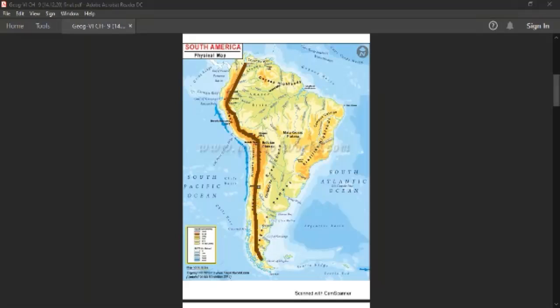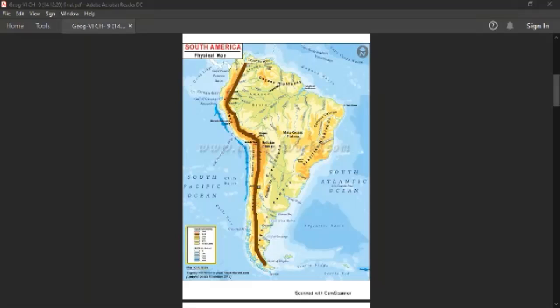It is located at the western edge of South America. Andes is spread across 7 countries, that is Venezuela, Colombia, Ecuador, Peru, Bolivia, Chile, and Argentina.